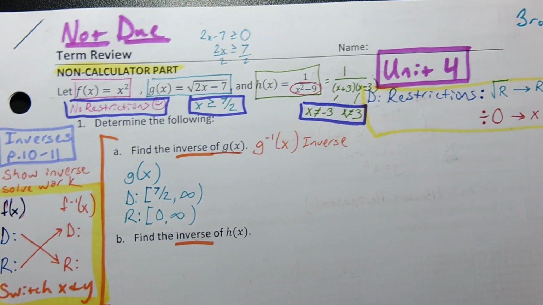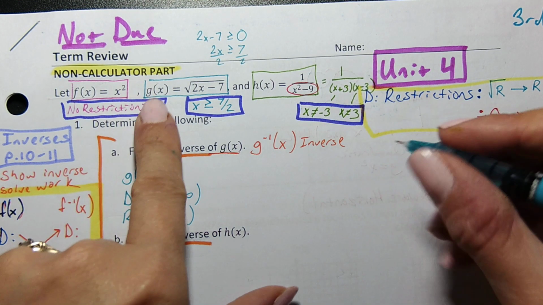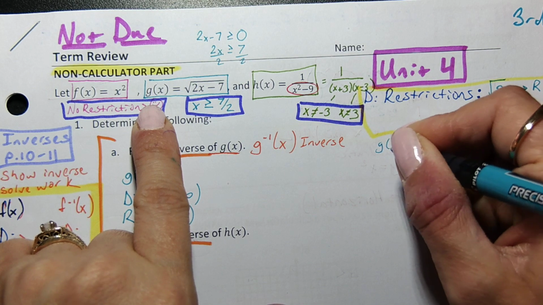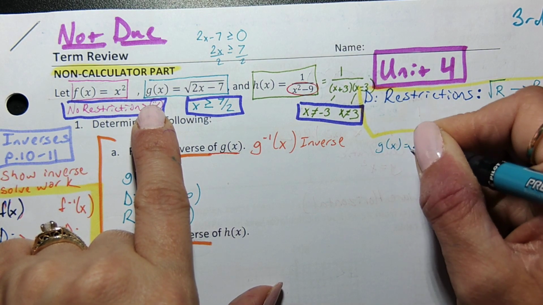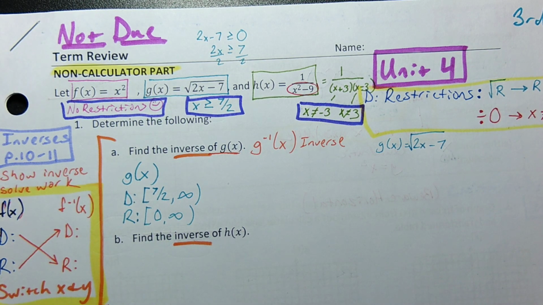So let's go ahead and show our work for finding our inverse over here. We start with function g. g of x equals square root of 2x minus 7. What should I do first? Flip the sides.